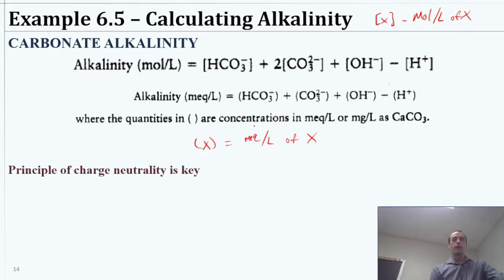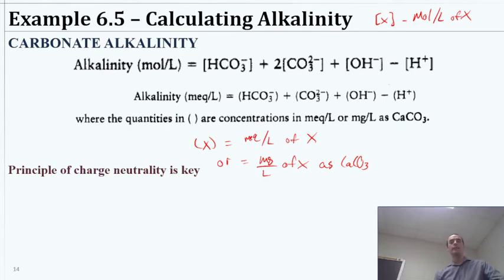And you could then, of course, also say that's milligrams per liter as CaCO3. Because the as CaCO3 has gone through and calculated for that charge and atomic weight. It has normalized all that already.